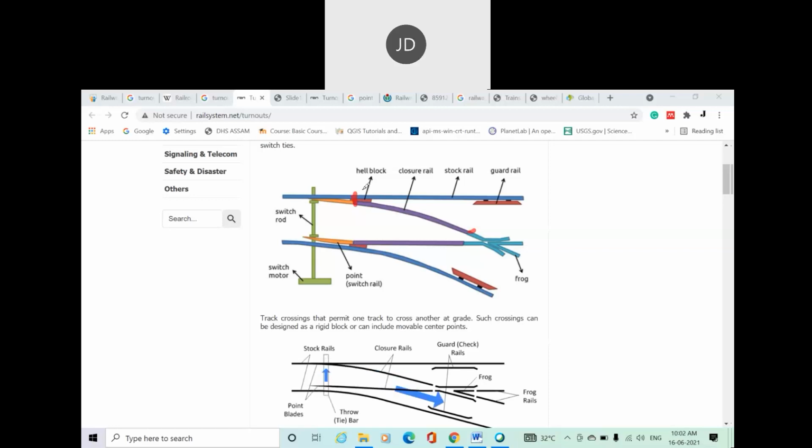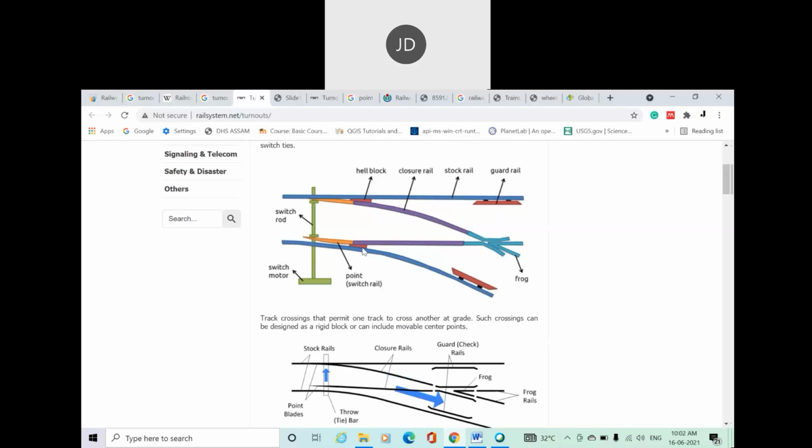Okay, here some heel block is also fixed. You can see some metal structure is also fixed in between the closure rail and the stock rail. It's a heel block. They are the assemblies or units placed at the heel of the switch that provide a splice with the contiguous closure rail and the location for a switch point rail to pivot at a fixed separate distance from the stock rail.